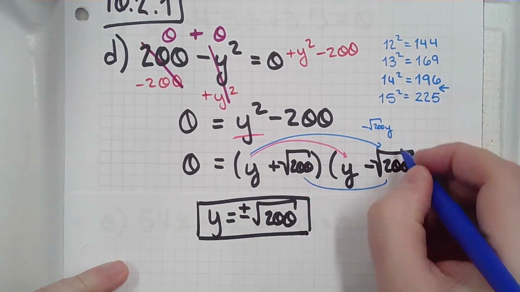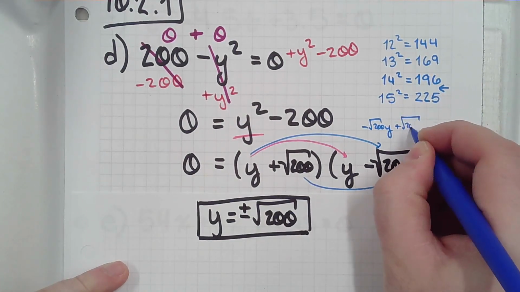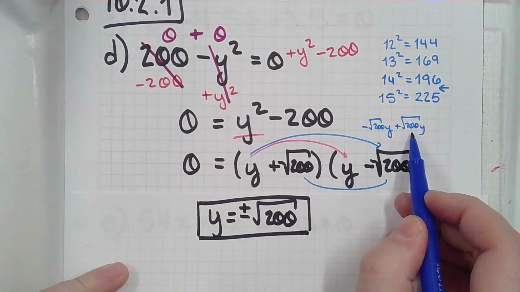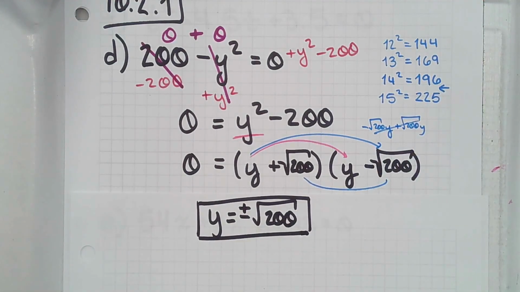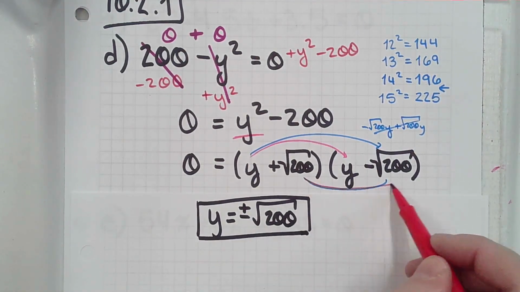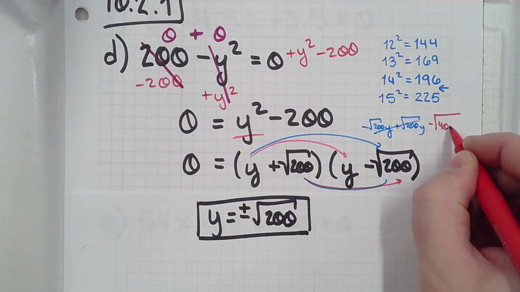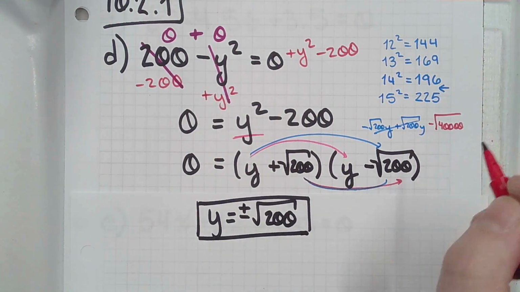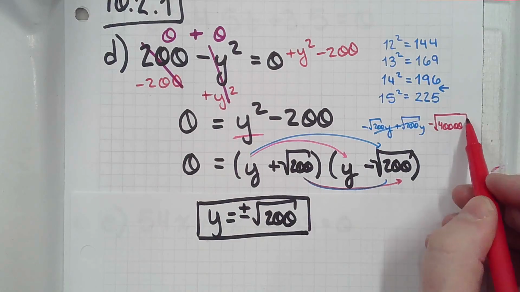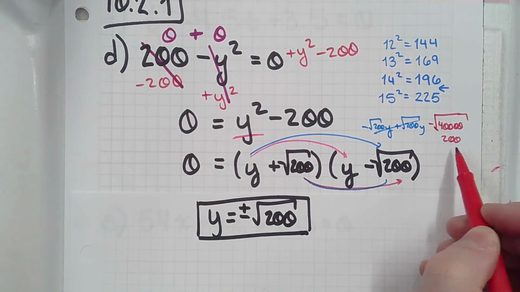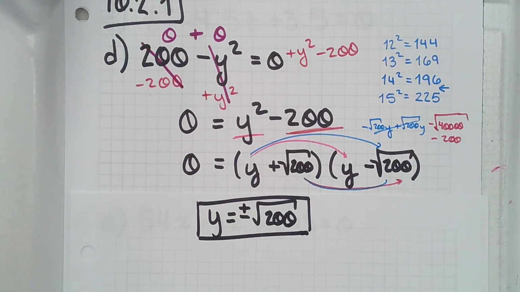And here we get the positive root of 200 times y. Of course, anything minus itself is 0, so it's gone. And then here we get negative root of 40000, and that does come out to the root of this is, of course, 200. So that gets us this.